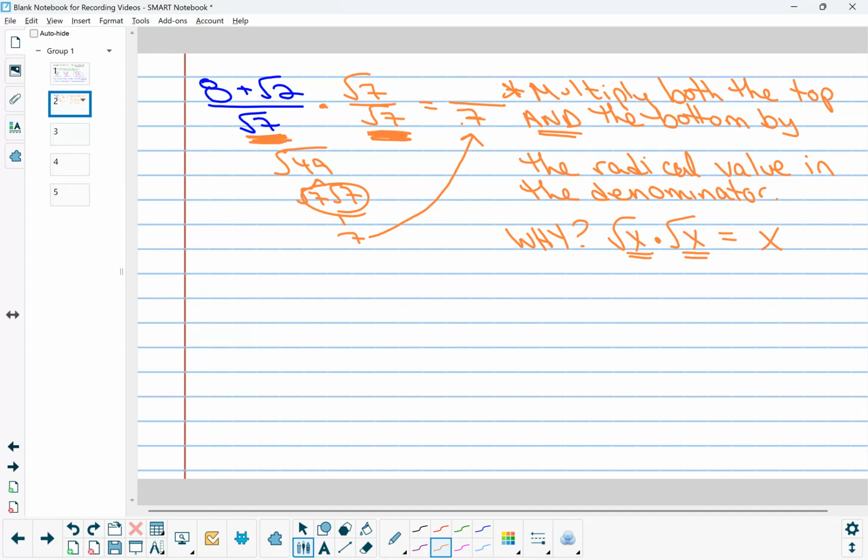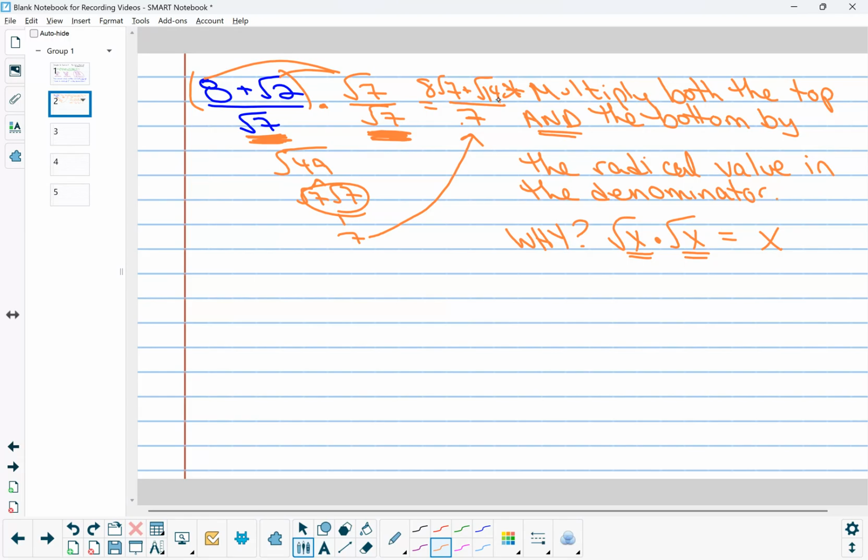So now, up on top, you're going to use your multiplying skills that you just had to distribute into here. So we're going to get an 8 rad 7 and a plus radical 14. Sorry, I kind of squished that in there. You need to check and make sure those things are not reducible. Well, this 8 rad 7, a rad 7 is prime.